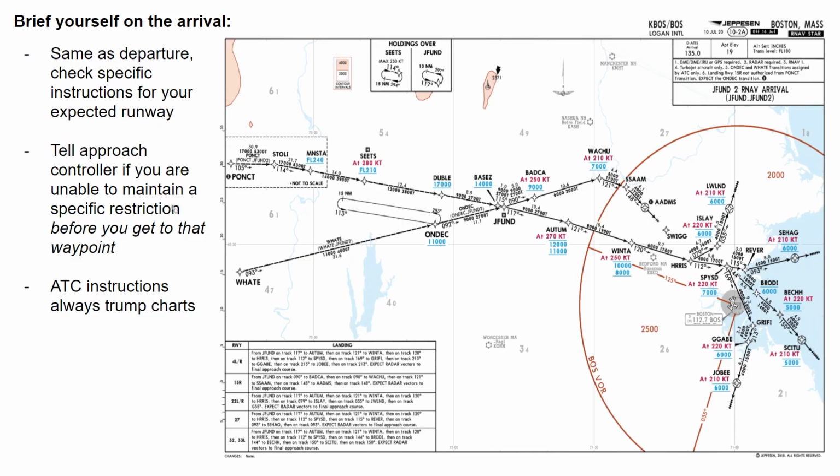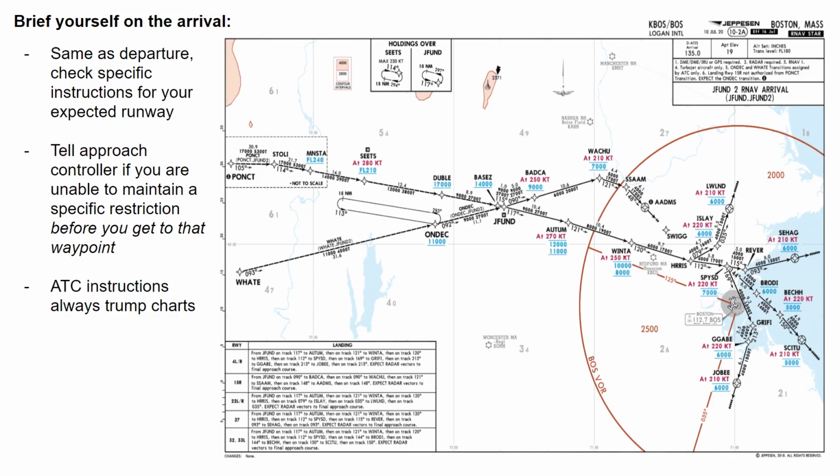So basically, when they give you your descent, they will tell you to descend via an arrival, and they may or may not give you a certain altitude to cross a certain waypoint at, depending on a bunch of things.